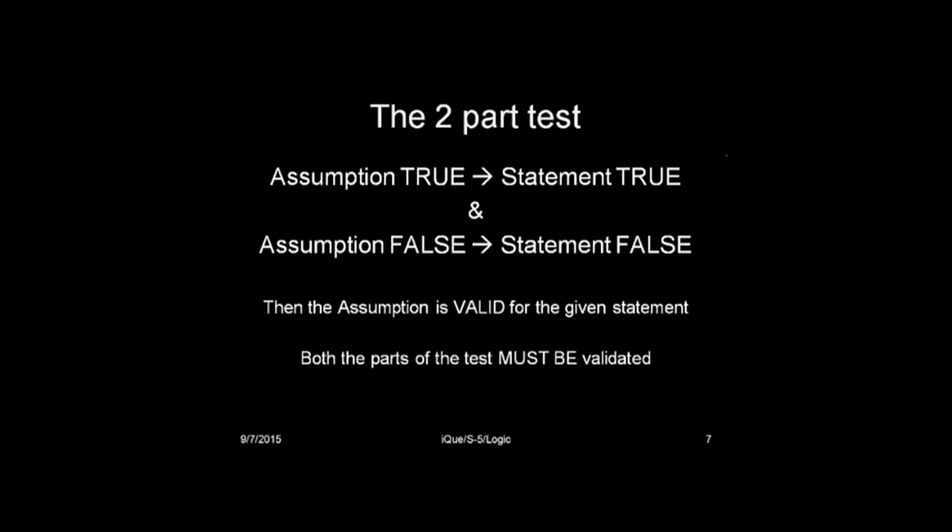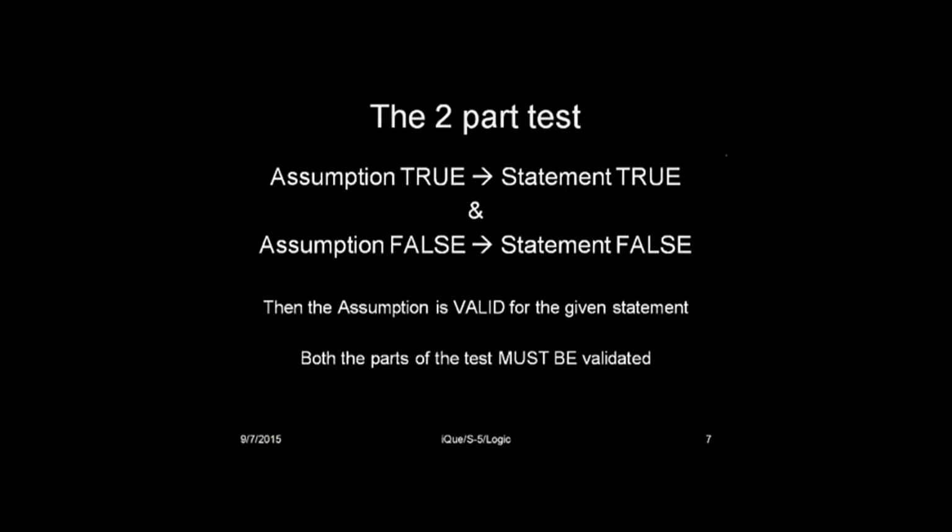Now, by changing the validity of the assumption, is the validity of my statement or conclusion changing? If yes, that means the statement is dependent on the assumption. By changing the truth value of the assumption, the truth value of the statement also changes, and hence that particular assumption is valid for the particular given statement or conclusion.